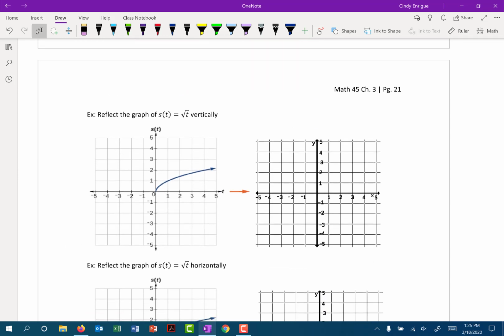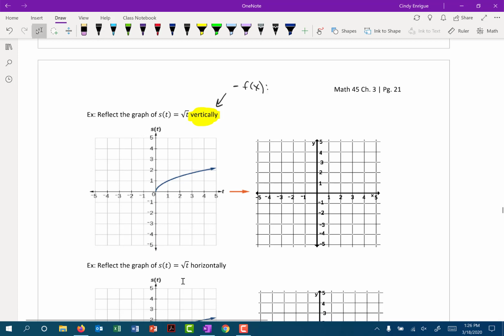So for this one, it says, hey, reflect the graph of s of t. So it's a square root, and we want to reflect it vertically. So vertically is going to be your key word here. That key word, vertically, is going to tell you it's a negative f of x.